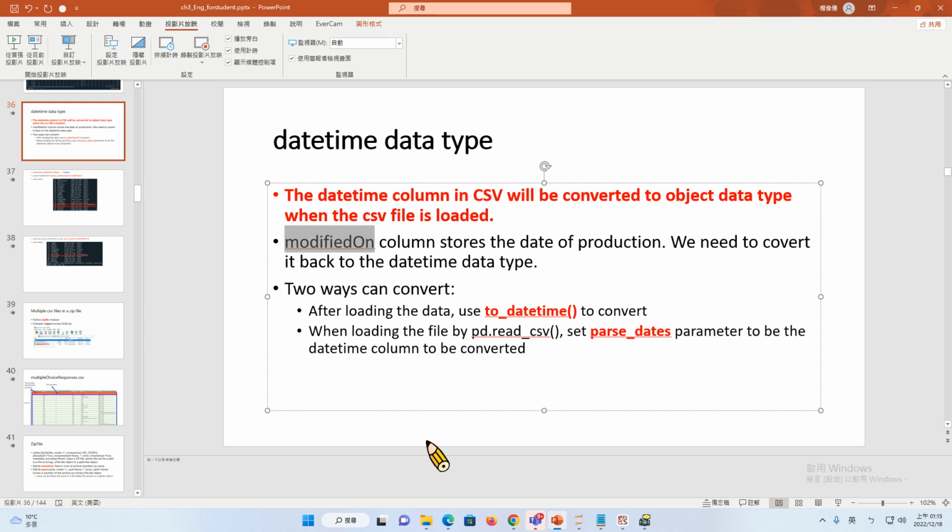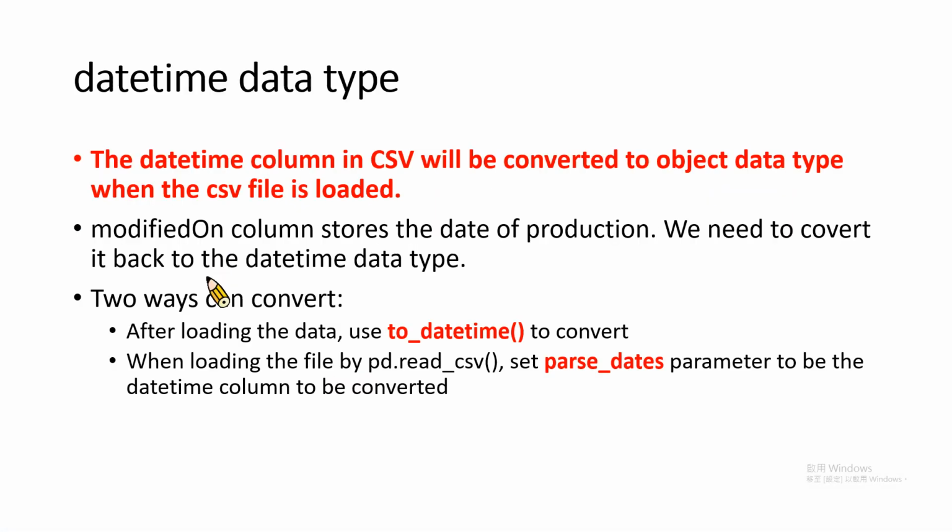There are two ways to convert. The first way is that we first load the data into a data frame, then we convert the column into a datetime format by using to_datetime. So first load, then use the function.